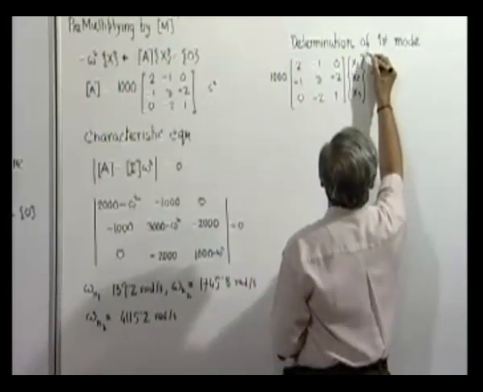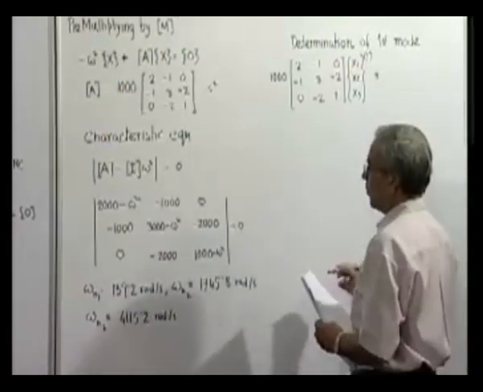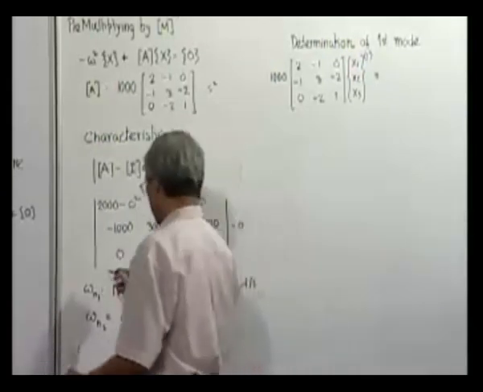For the first mode, you put this equal to omega 1 square. Oh, sorry, these are all square.